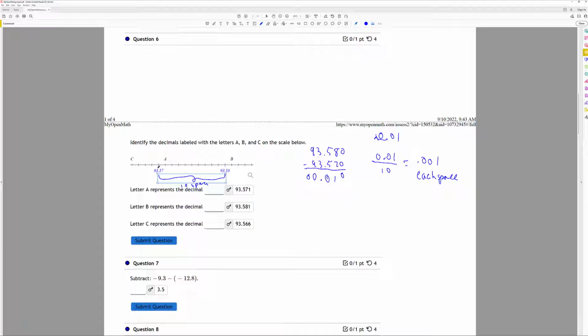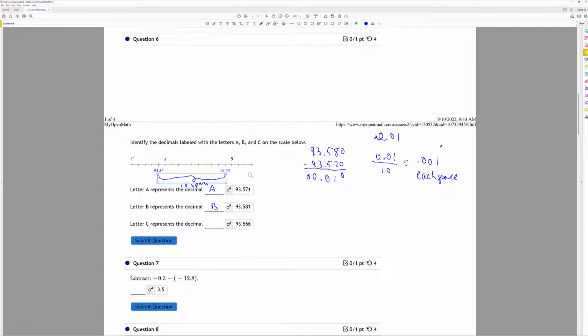So if I have here 93.571, go up 1 unit, that would be my A. Okay. And here if I have 93.58 and I go up 1 space, that would become 93.581. That would be my B. And if I count down from 93.57, 93.570.